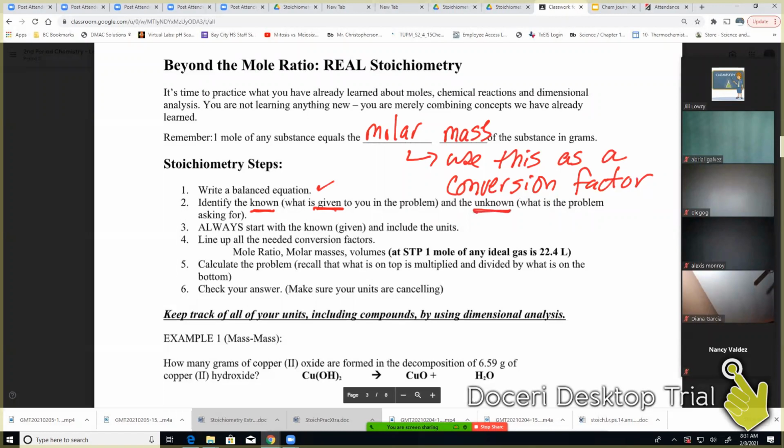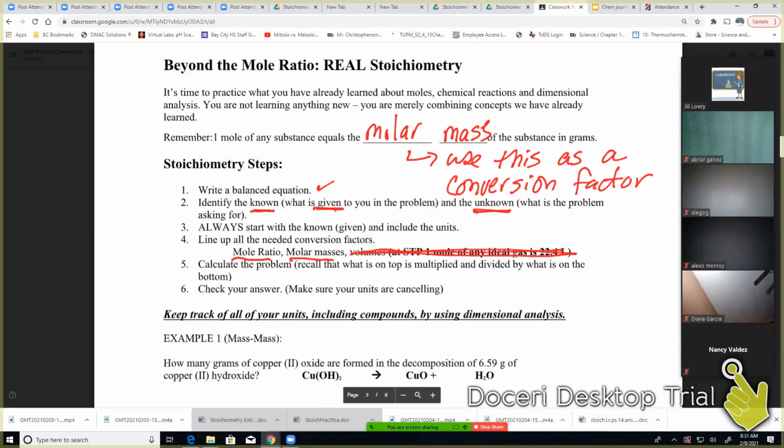And your unknown is what we're trying to figure out. We always start with our known, just like we did with our mole ratio. And we're going to line up our needed conversion factors, which are either going to be mole ratio or molar mass. You can take out the part that says volume at STP. We'll do that whenever we get to gas laws.